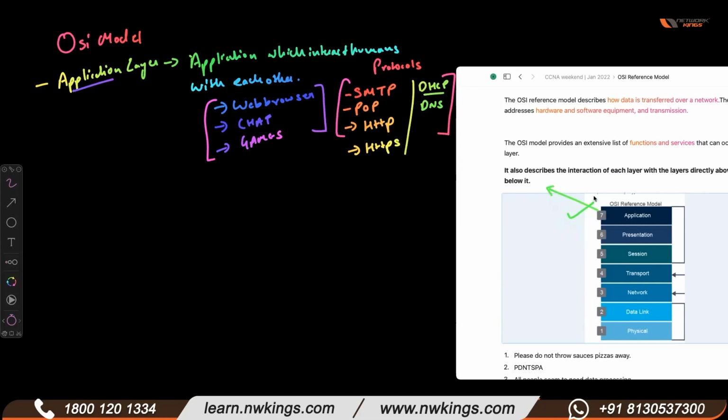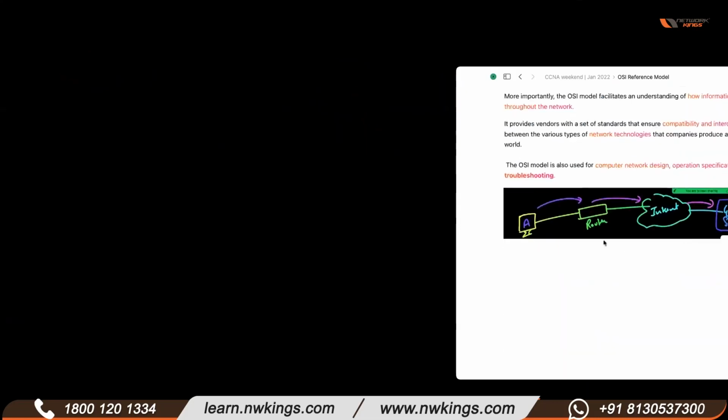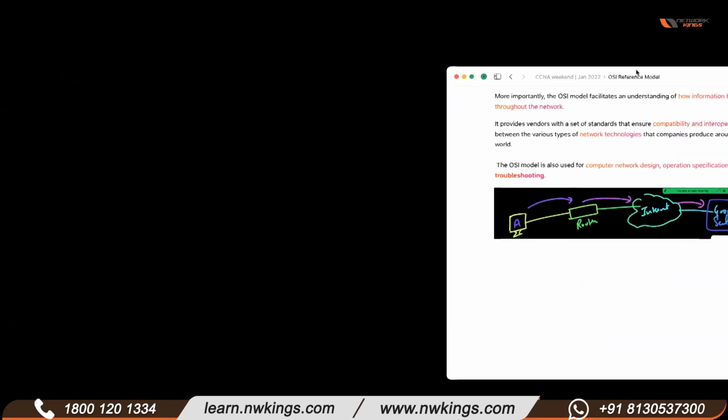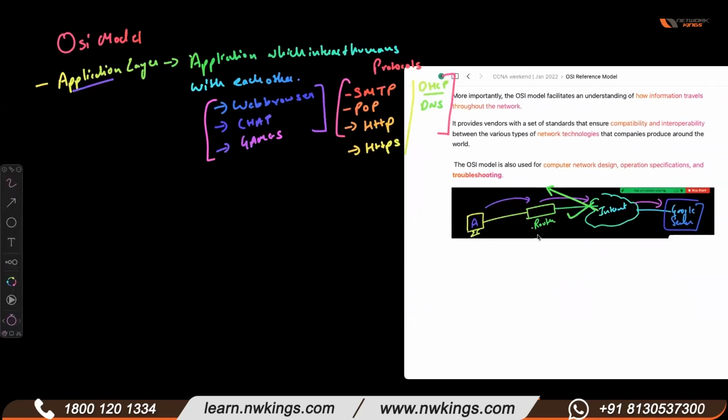Let's take an example. The example we have taken today: this is computer A, which is connected to a home router, and this router is connected to the internet, and the internet already has the Google IP address. 8.8.8.8 is the famous Google DNS.